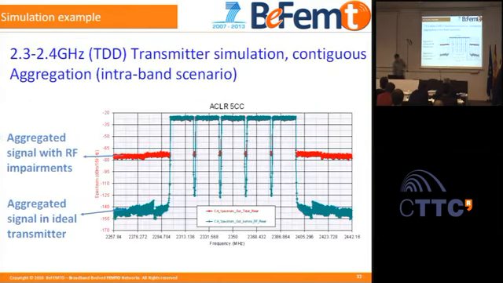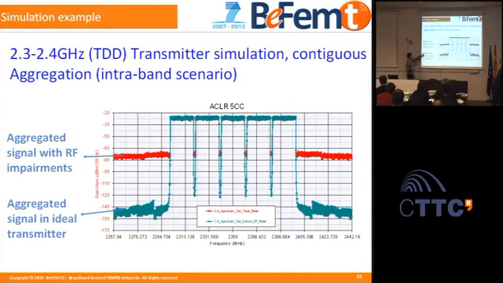This is a simulation example that we made in BeFEMTO, in deliverable 3.1. We zoom in on the 100 MHz scenario, 2.3 to 2.4 GHz in TDD. We generate 5 LTE carriers, and finally this is with an ideal transmitter.